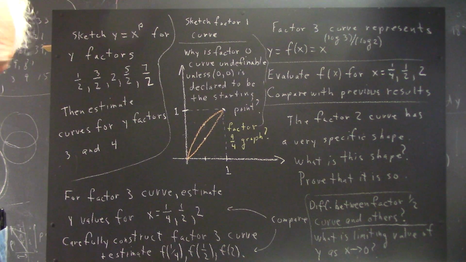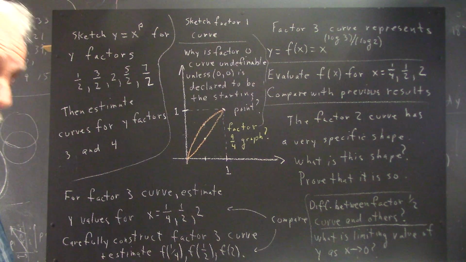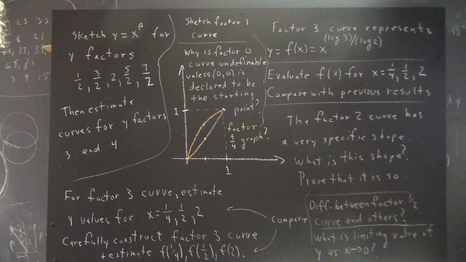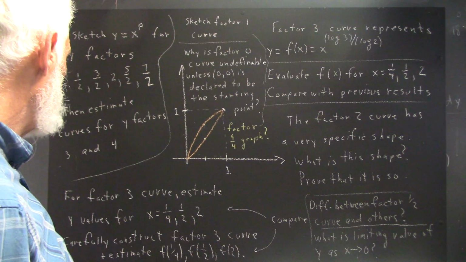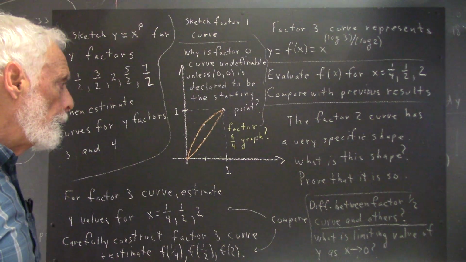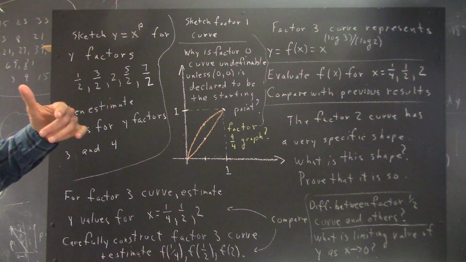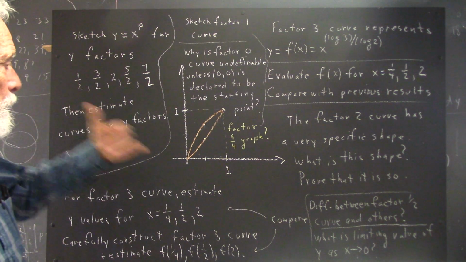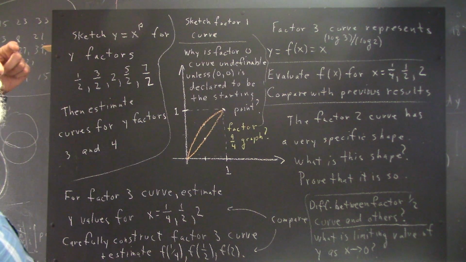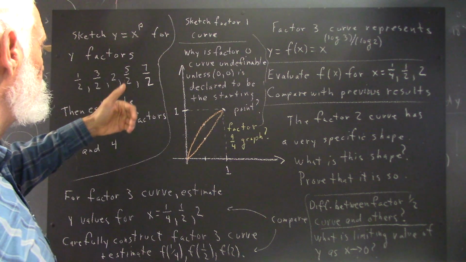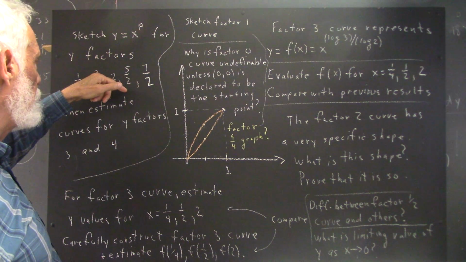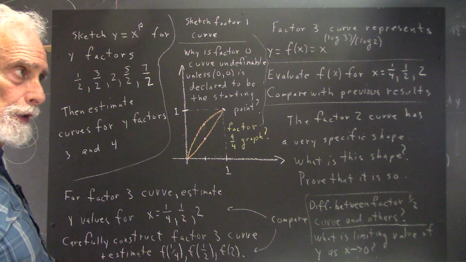Now, if you're not comfortable thinking in terms of fractions, and there's a very good chance you aren't, just because fractions are very poorly taught in the public schools, they're not emphasized very much. We expect the factor 9/4 graph to be something like one of these, but closer to the factor 5/2 graph than to the factor 3/2 graph.